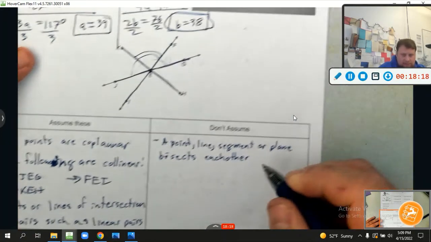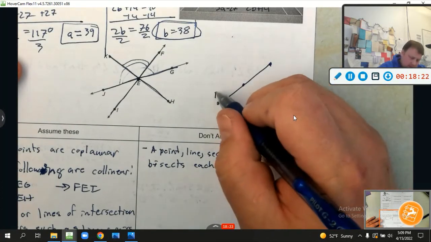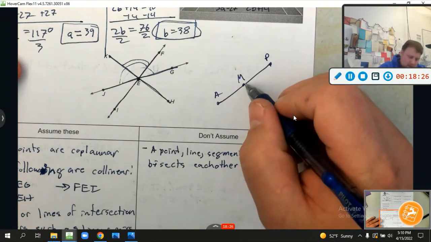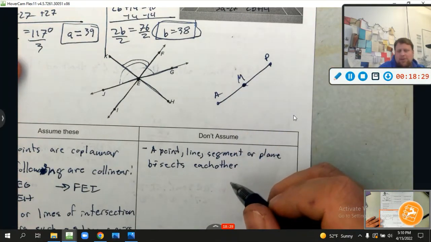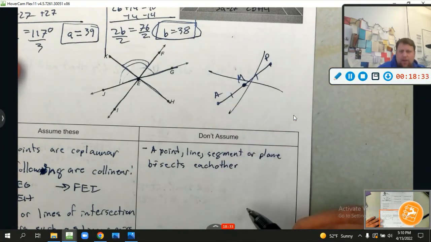In other words, I can't draw a line like this. This is A, this is P, this is M. I can't draw that and just assume that M is the midpoint. I can't assume that it cuts this line into equal parts. The only way I know that is if it's defined, if I'm told that.